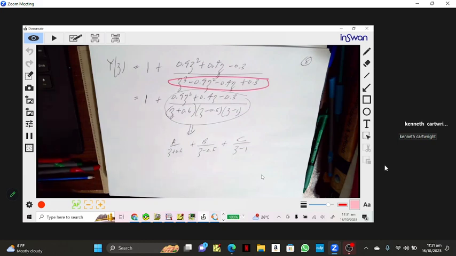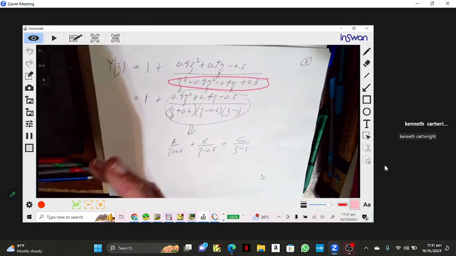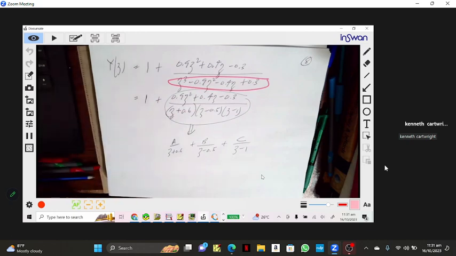Okay. Any questions or concerns? Again, let me say, if you don't practice this, you will not learn this. It's as simple as that. And it's clear to me some of you didn't practice Laplace transforms, because what we're doing right now is just like Laplace transforms.